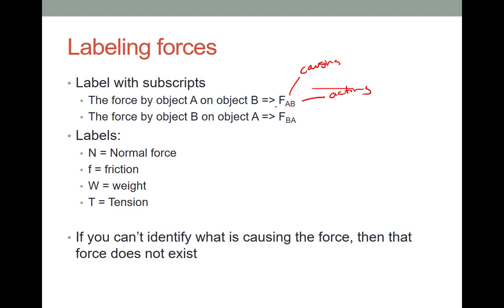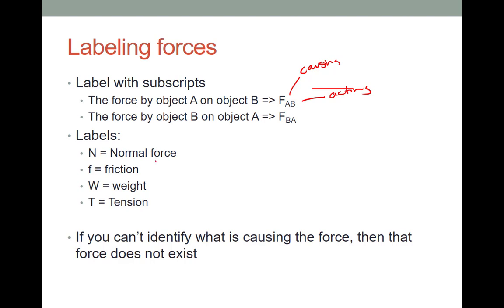It does not exist. When we get to Newton's third law, the subscripts are also good for identifying third law force pairs. So lots of uses for the subscripts. I do not require that you use them. You will see me use them.